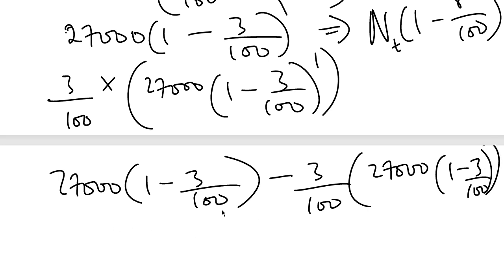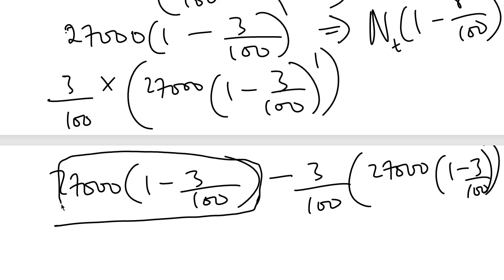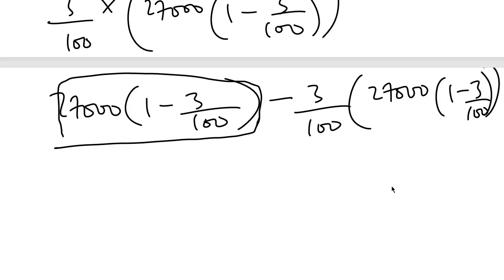This is a new value, and we're subtracting 3% of that value from it. What do you notice here? You can see that this is a factor on both sides.